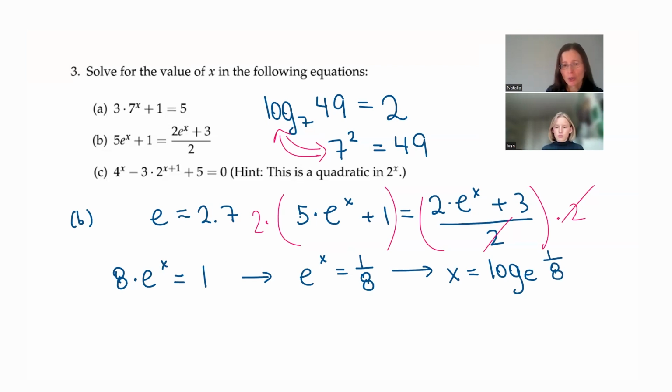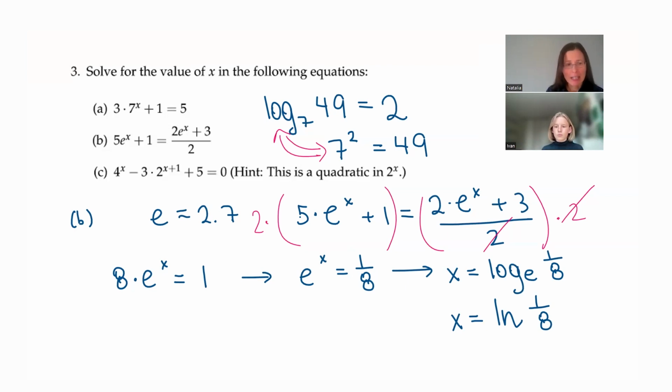So we just rewrote it, and these two are equivalent expressions. And one more thing, when we have a natural log, log base e, we write it as ln. So this is correct to write it this way, but a much more standard way is ln of 1/8. ln means it's log base e.